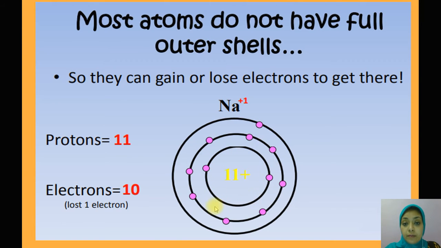Then L can hold or carry 8 electrons. So count with me. We have 2, then 8, we have 10. So we have 1 electron remaining to complete the 11 electrons.